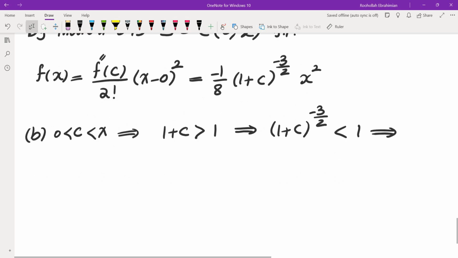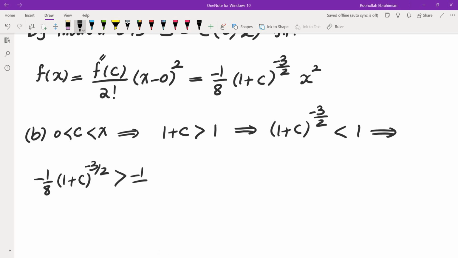These are properties of inequalities. So negative 1/8 times (1 plus c) to the power of negative 3/2 is going to be greater than negative 1/8, which means f of x, if I just multiply by x squared, is greater than negative 1/8 x squared.